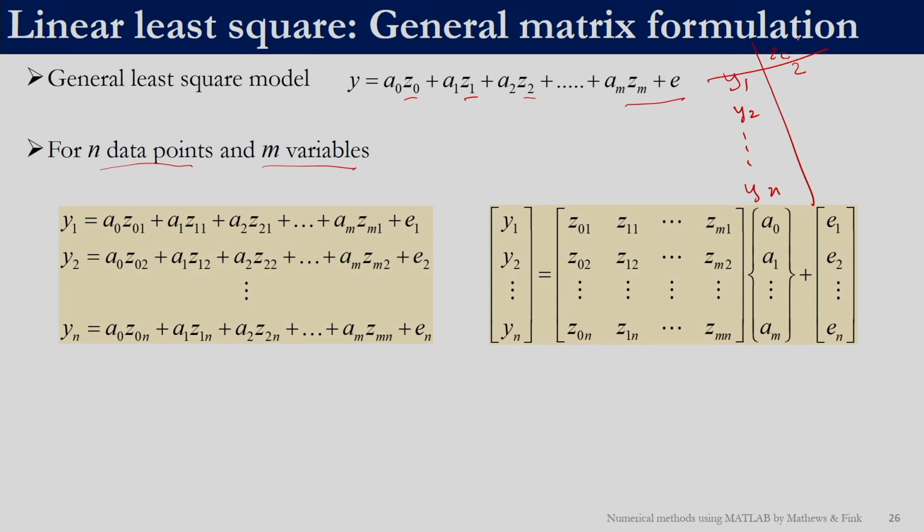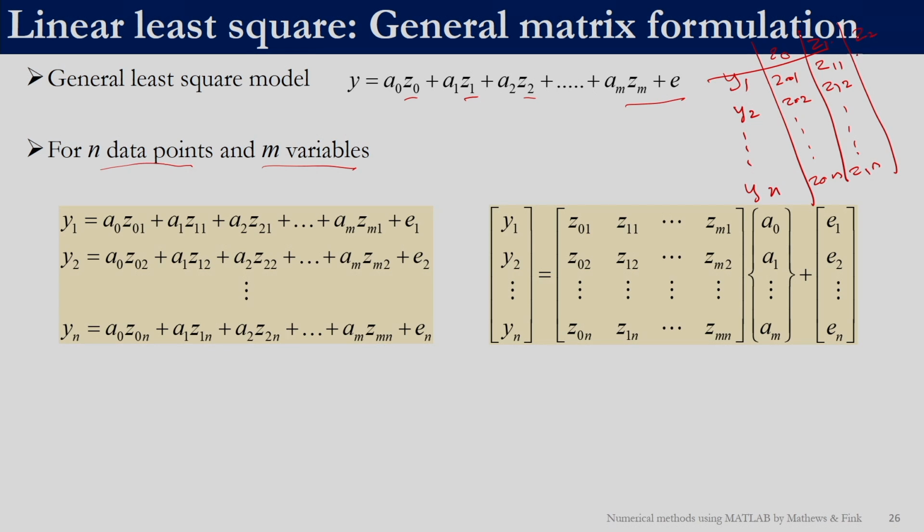So, here we will have z0, which is going to be z01, z02 all the way up to z0n. Then we are going to have z1, so this is z11, z12 all the way up to z1n, and then z2.